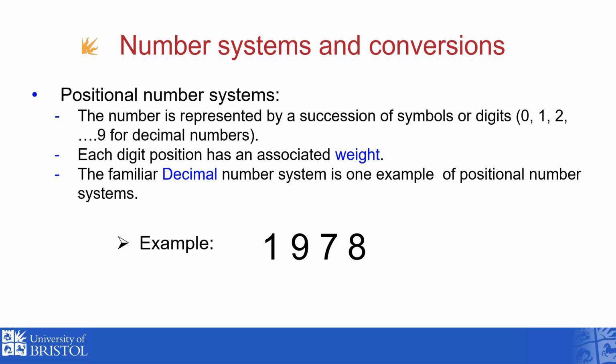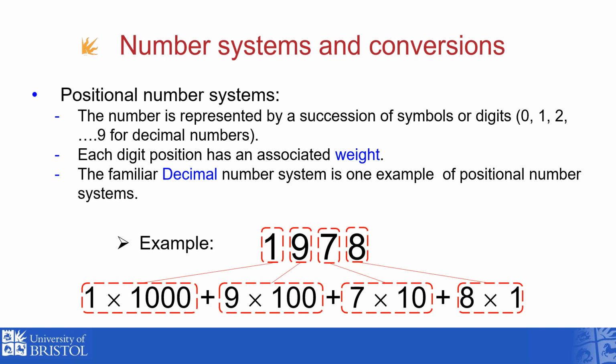And as you can see in this example over here, the meaning of the information that is passed to us by each digit that we use is based on its position in the number. Like in this example over here, that number 1 has a weight of 1000, 9 has a weight of 100, 7 has a weight of 10, and 8 has a weight of only 1.